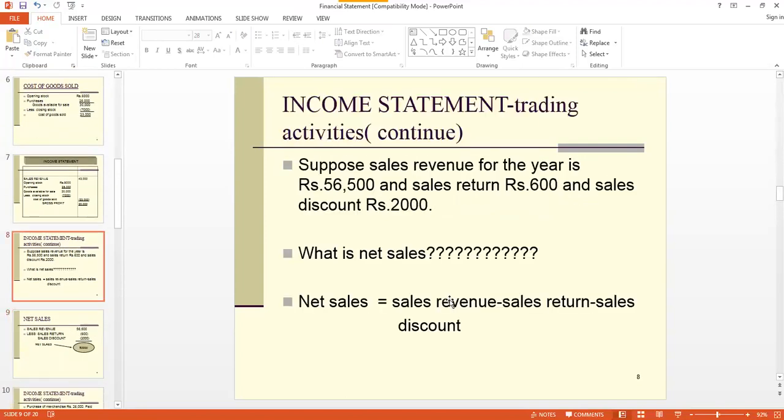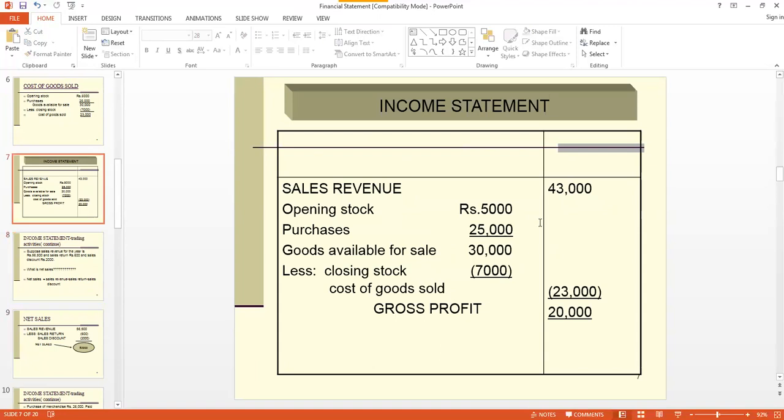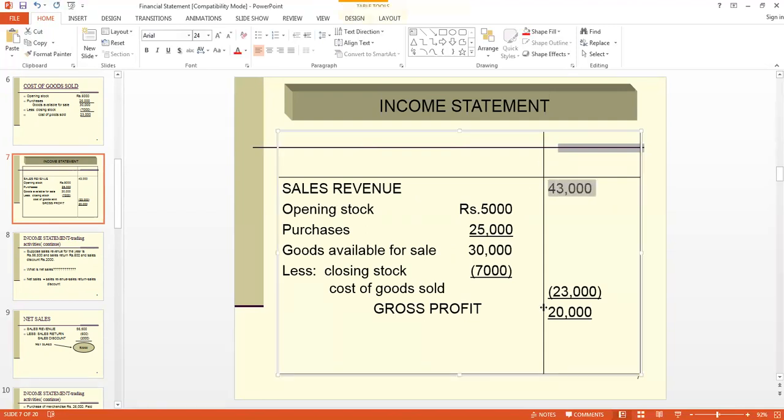So I'm going to show you working of that one. So this is the actual gross profit information that we are trying to calculate. Sales value is 43,000, and this is the cost of goods sold that you already calculated. And when you minus it from the sales revenue, the gross profit will be 20,000.